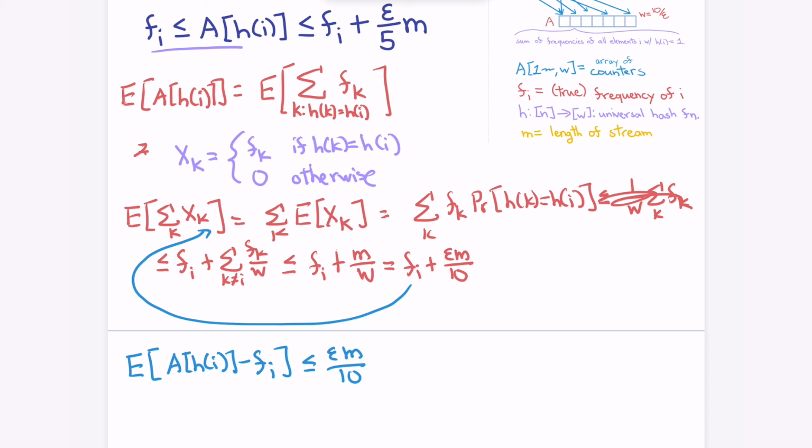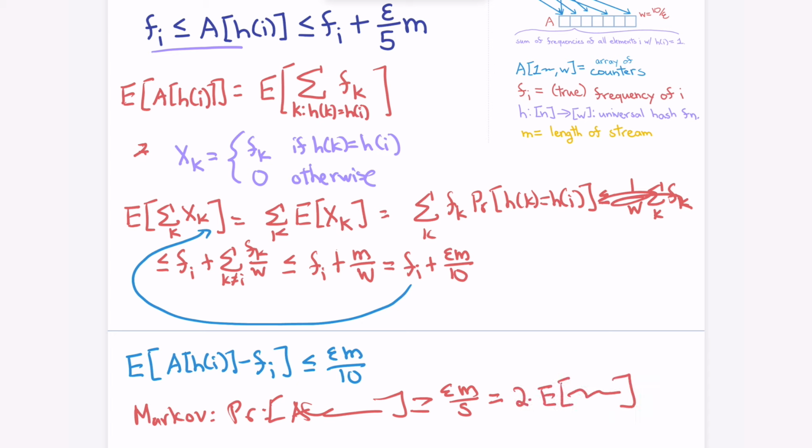So Markov gives you the probability that this is at most 1/2. It's a little messy, but that's the idea.